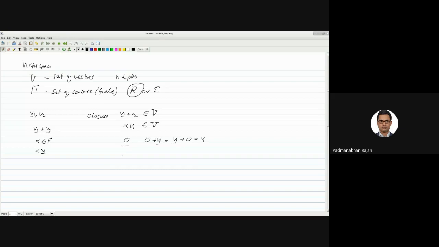We will not cover everything here, but let's say, for example, associativity: V1 plus V2 plus V3, these are all vectors, is equal to V1 plus V2 plus V3 with any grouping. And this addition is also commutative. That means V1 plus V2 is equal to V2 plus V1.